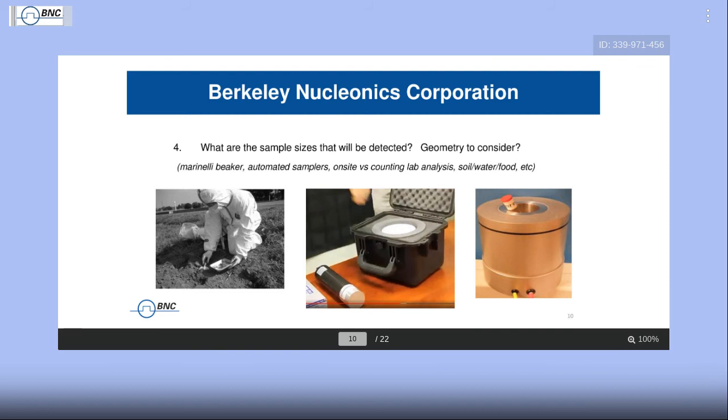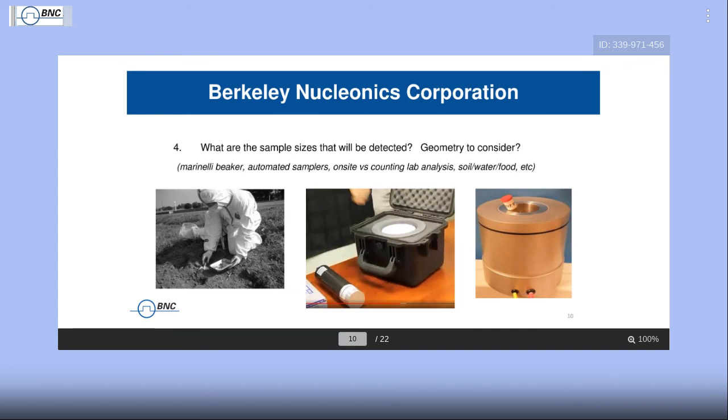Here we create the material of the scintillator to surround the measuring area, so we can put a sample and surround it with the scintillator itself instead of trying to surround the scintillator with sample. This is commonly used for Marinelli beakers or automated samplers, things that run through several moving samples like on a conveyor belt.